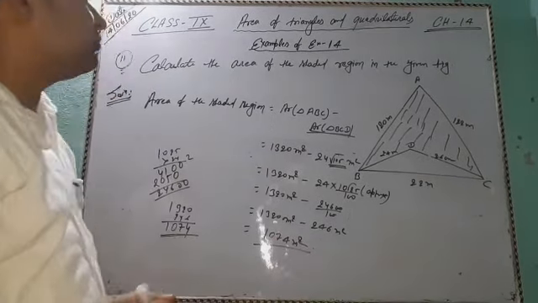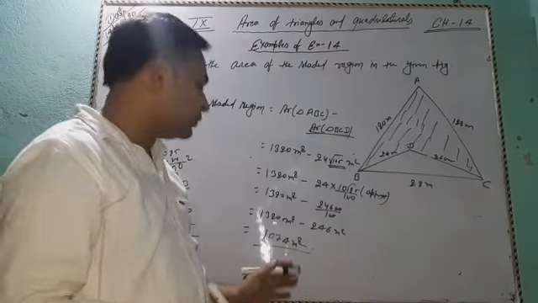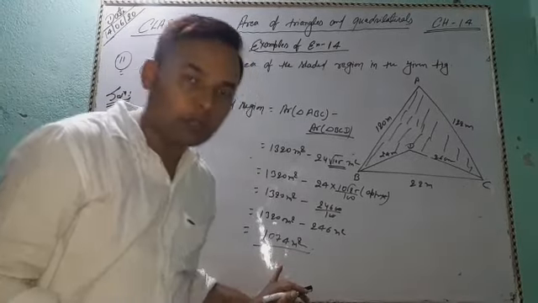Hence the area of the shaded region equal to 1074 meter square. Okay.